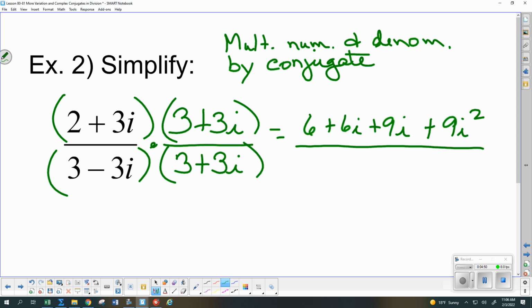Denominator. Grayson, would you help me do the multiplying for the denominator, please? How do you get a 6? 3 times 3 is, okay?